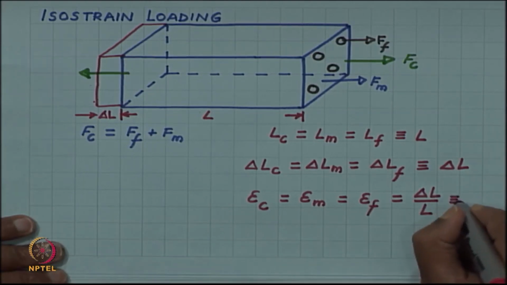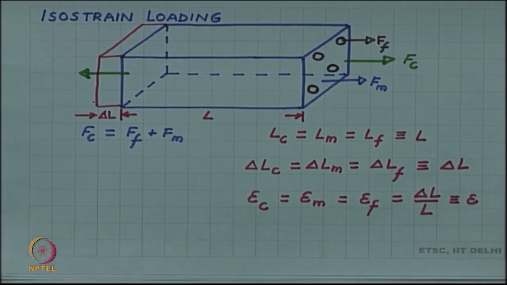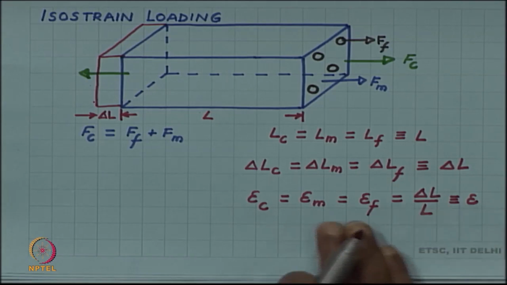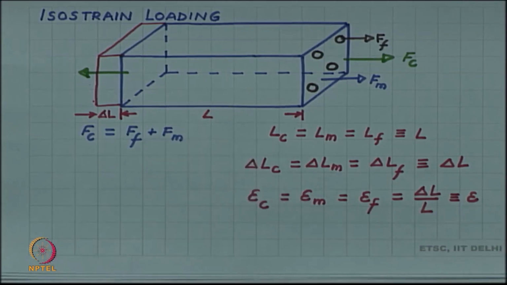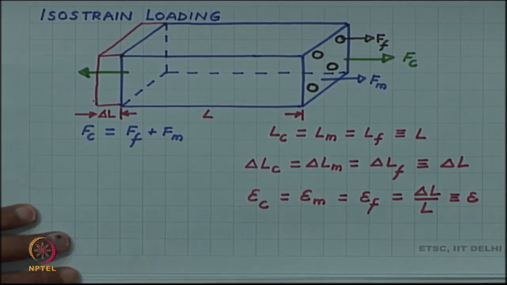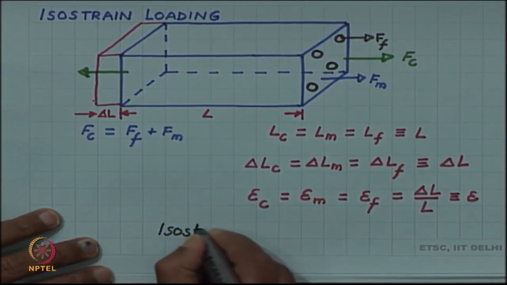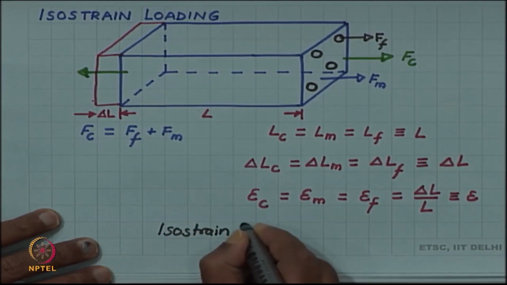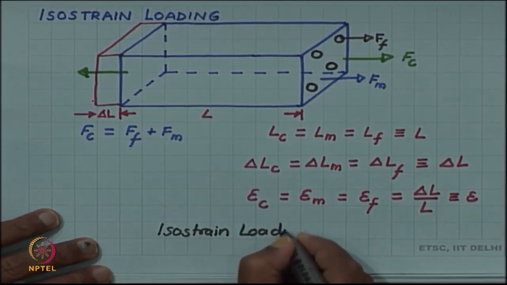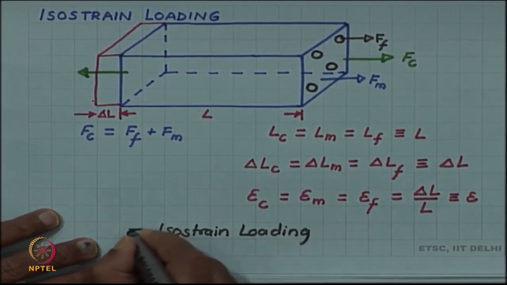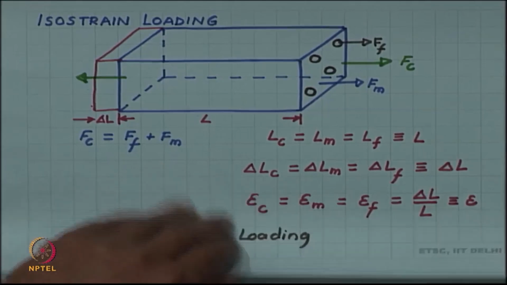Let us call all these strains by a single symbol epsilon. This is the reason why we are calling this loading an isostrain loading.